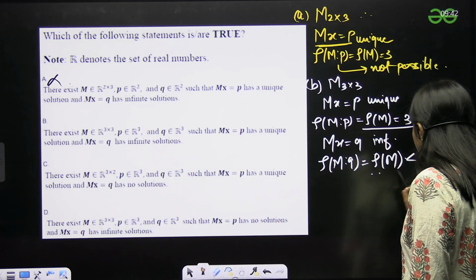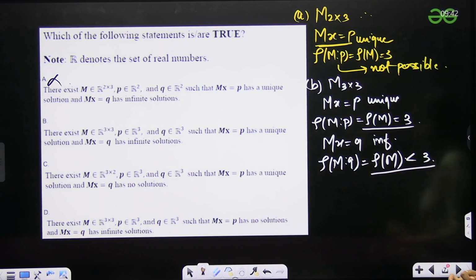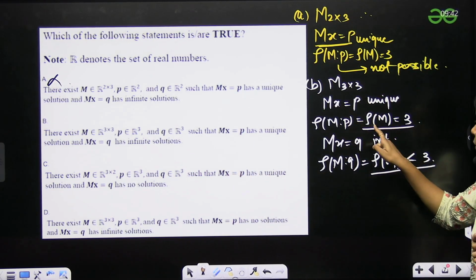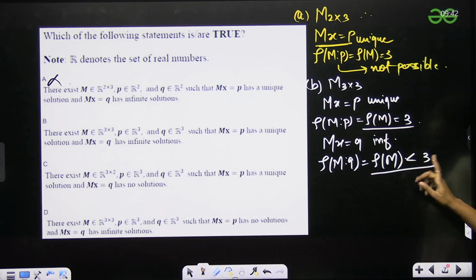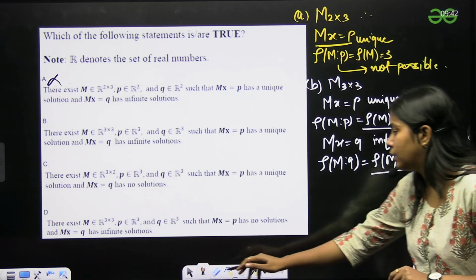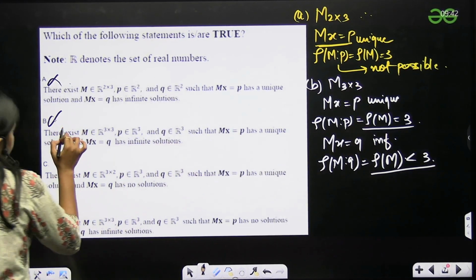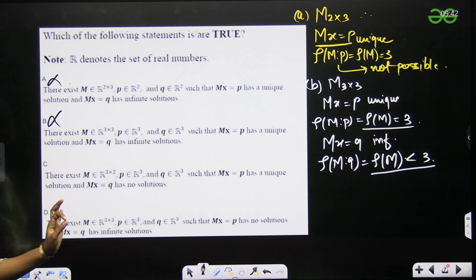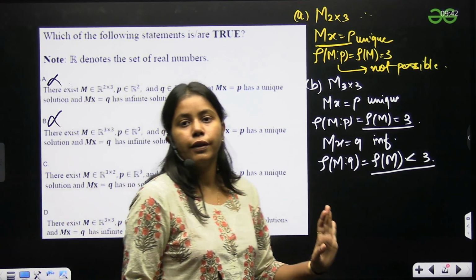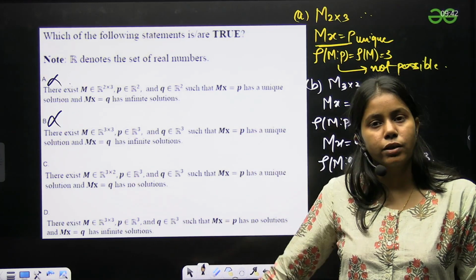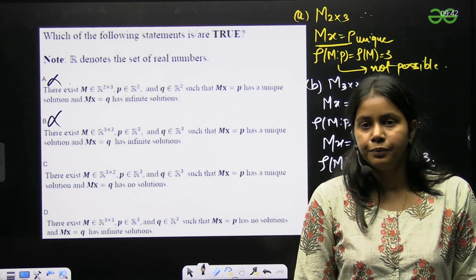Can these two conditions be possible at the same time? They are saying that there exists a matrix. For a single matrix M, can rank of M be 3 and also less than 3? This would never be true. So again, option B is incorrect. I am just using the definition of infinitely many solutions for a non-homogeneous system. This question is based on a non-homogeneous system.